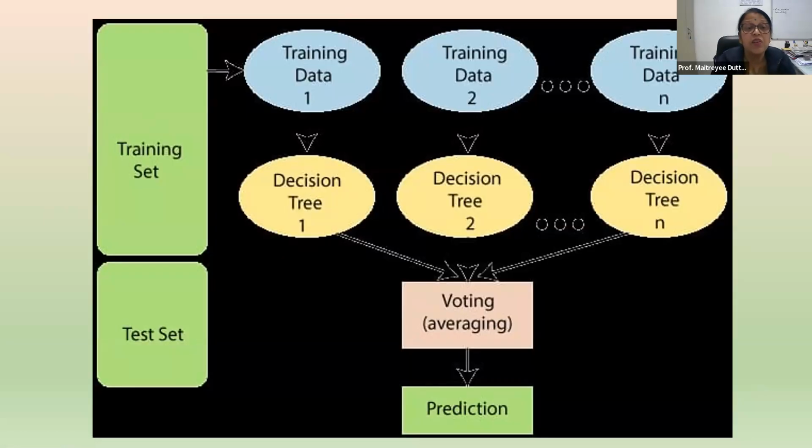That's why the name is random forest. Randomly in the sense that it is not like 1 to 100 taken as training data 1, 100 to 200 as training data 2, and 200 to 300 as training data 3. No, it may take any data from your training data, train on it, and prepare the decision tree.